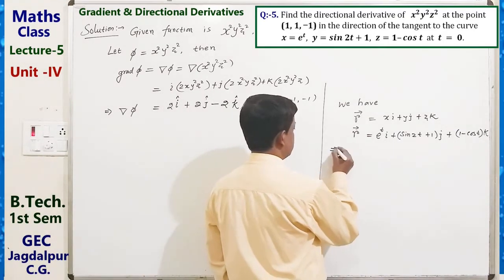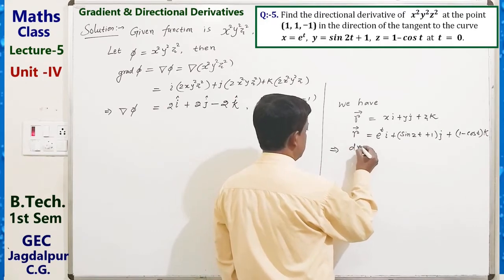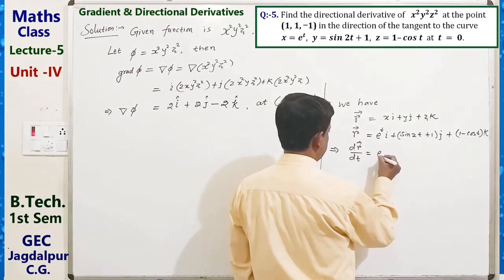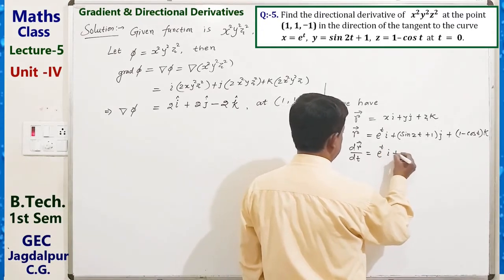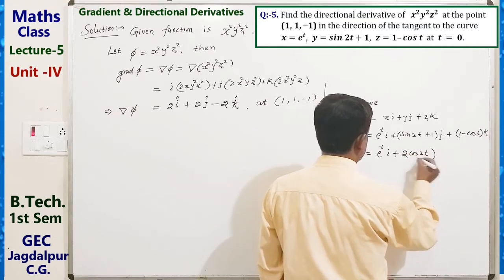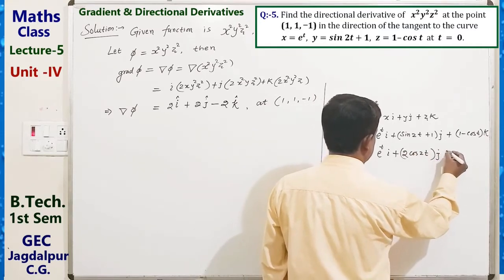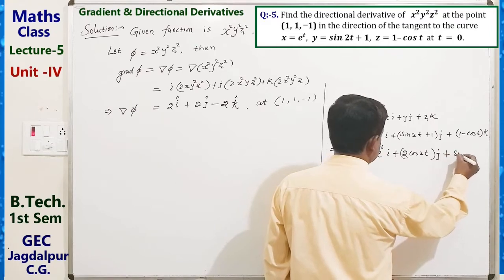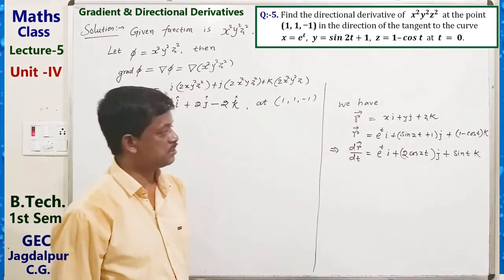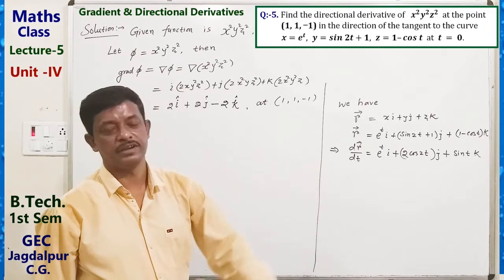So dr by dt equals e to the power t i plus 2 cos 2t j plus sin t k. So this is dr by dt.